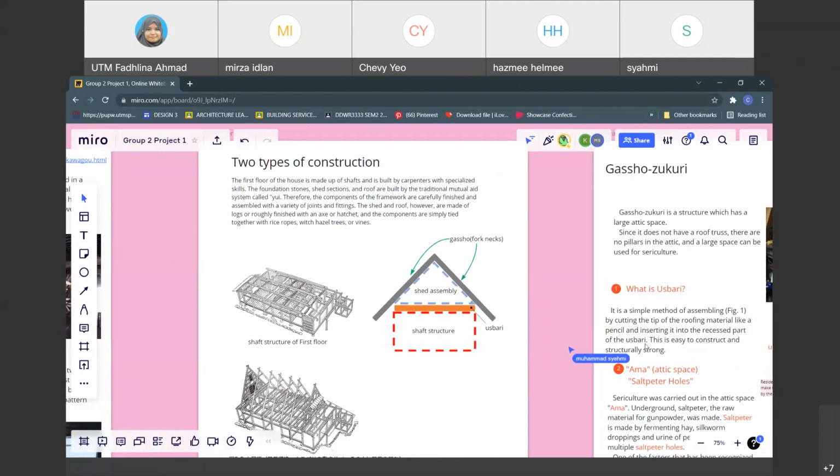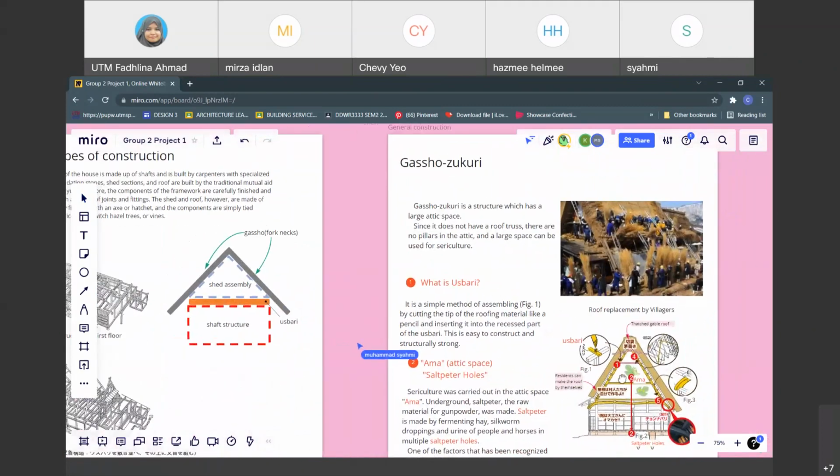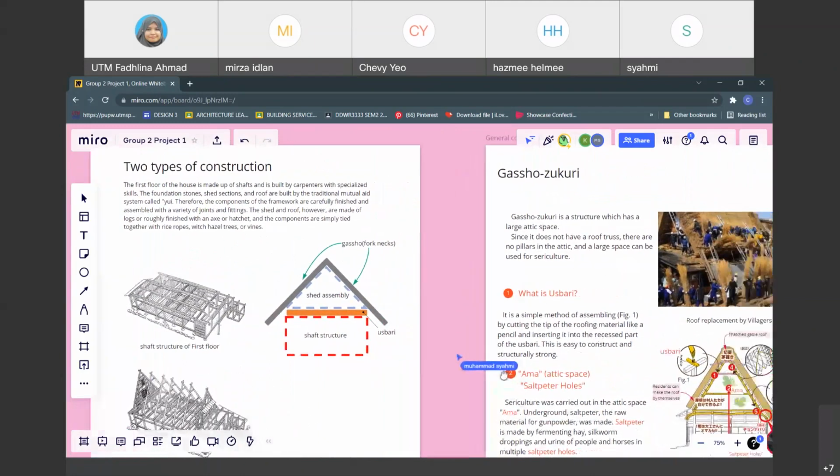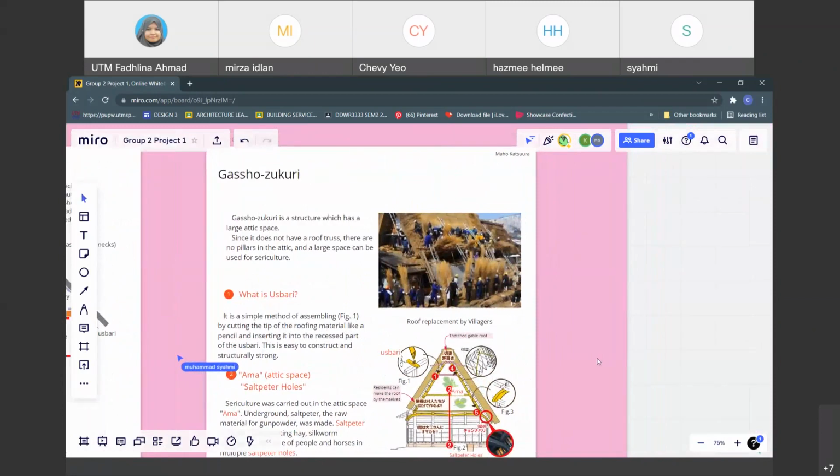Actually, I'm not sure what kind of construction, because I see the other parts have already been done by them. Next is just a general construction, generic. Okay, the third one, the Gasshozukuri, what is it? A structure which has the first floor and the attic space.